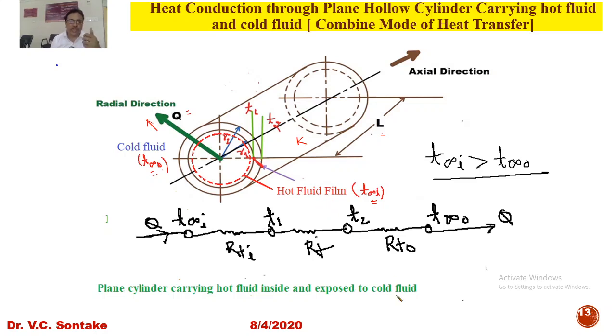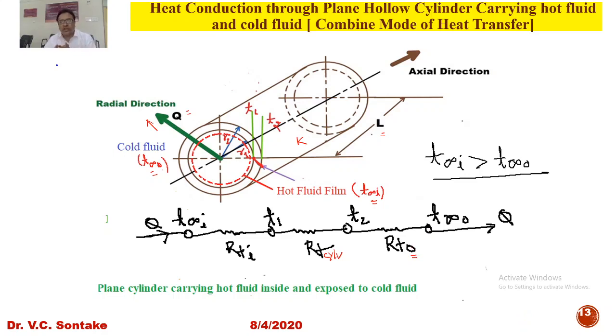It will be by conduction. And further, when heat is flowing from outer surface to the colder fluid, the cold fluid film will offer thermal resistance to the heat flow, and that will be by convection. So it will be convective thermal resistance.